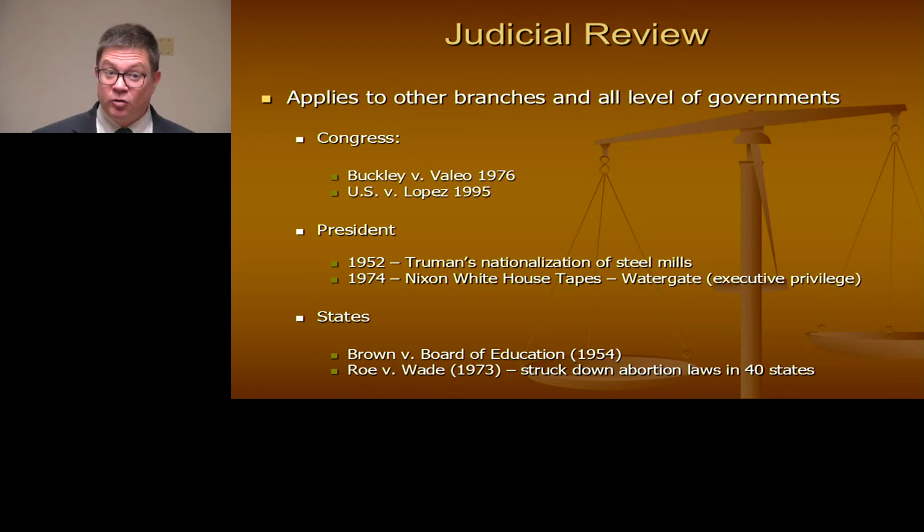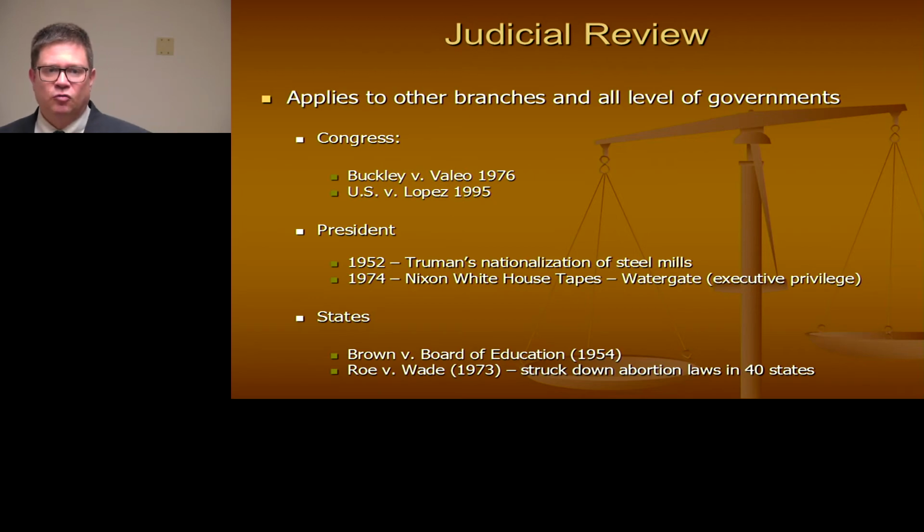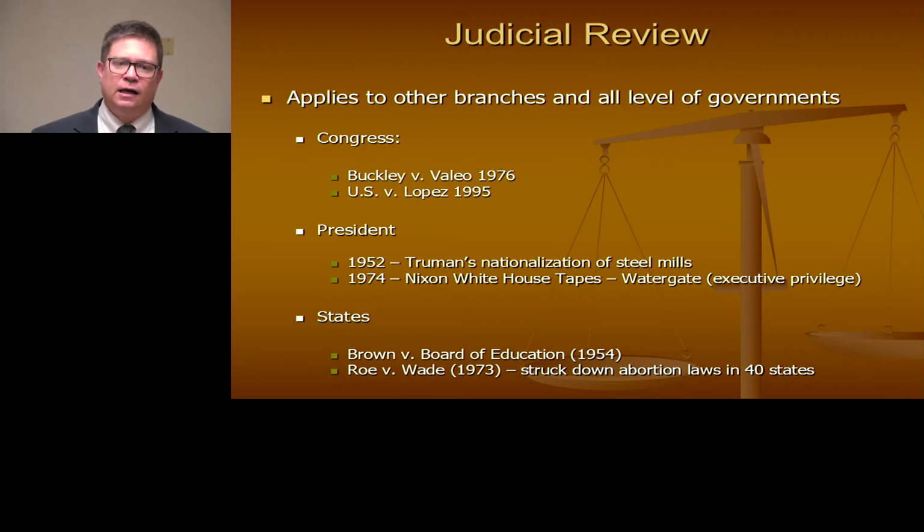Congress said, well, we're investigating you. Our powers trump your powers of executive privilege. The Supreme Court has to step in and say, well, you both have pretty laudable claims here, but we really think that Congress's right to investigate you trumps your ability to claim executive privilege, and Nixon has to turn the tapes over, right? So again, an instance in which the Supreme Court is basically telling the president something he's doing is unconstitutional.